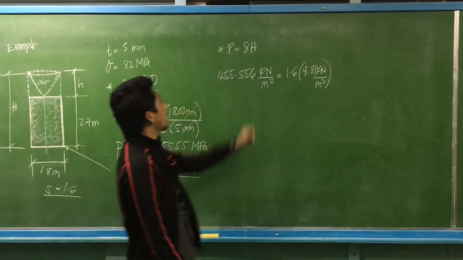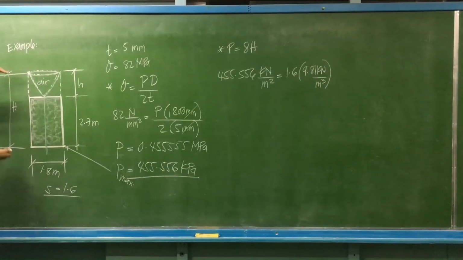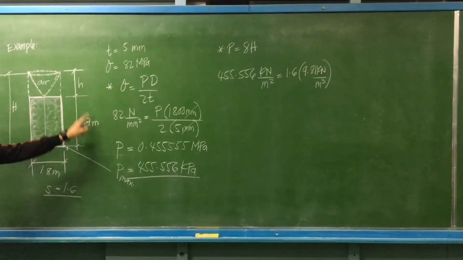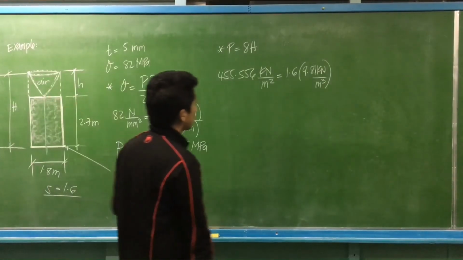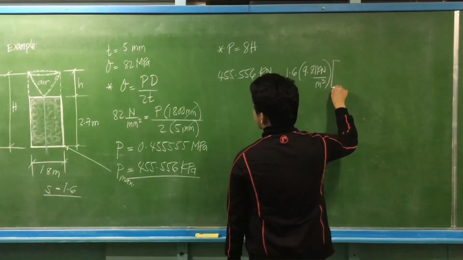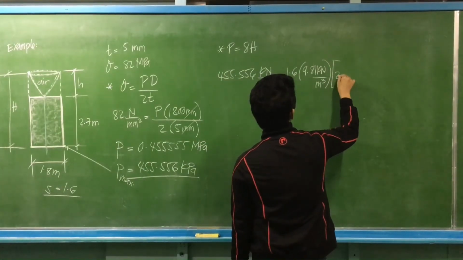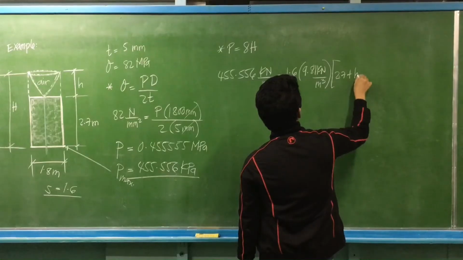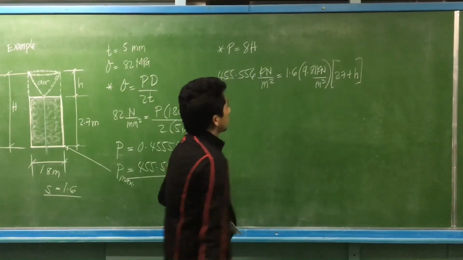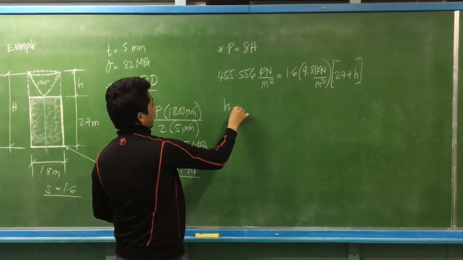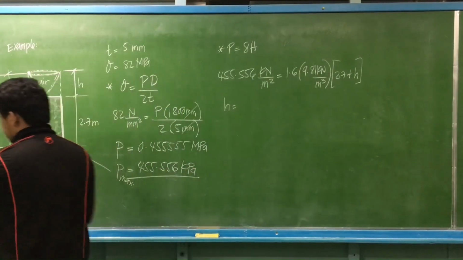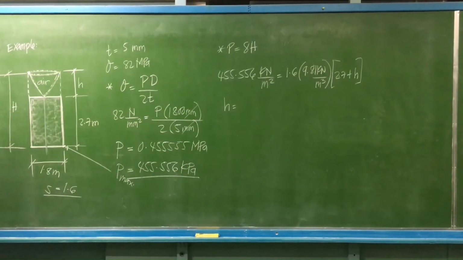Then, what's the equivalent height? What's the equivalent of the total height? That is the height of the tank, 2.7, plus the height of the resulting paraboloid. So, we have the 2.7 plus the height of the paraboloid, which is, again, this time, imaginary.